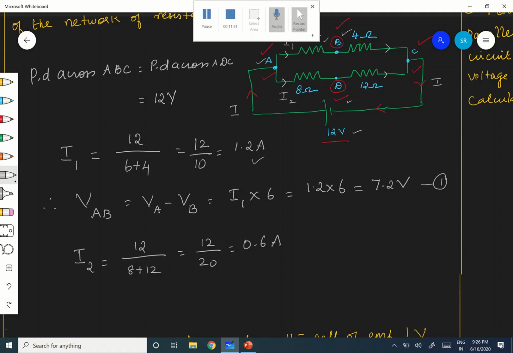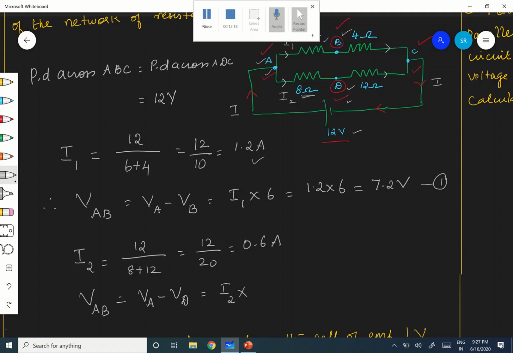Is it clear? Now what you want is V. What is VAD, the potential difference between points A and D? That is once again VA minus VD, which is I2 into the resistance between them, 8 ohm.